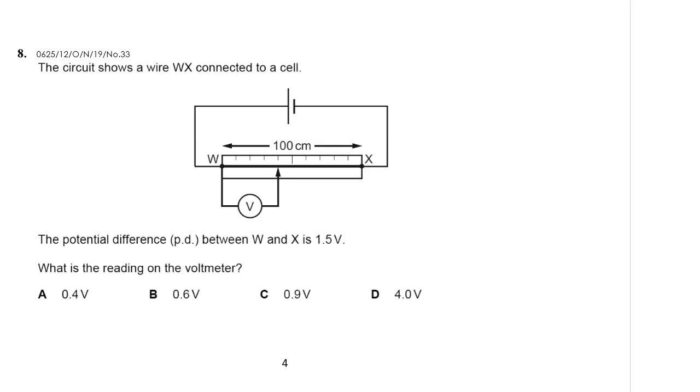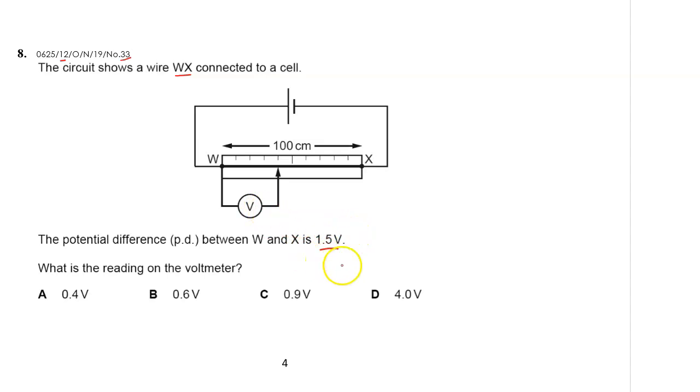Number 8 is from variant 1-2. It's supposed to be number 33. The circuit shows a wire, XY, from here to here, connected to a cell. The PD between WX is 1.5.